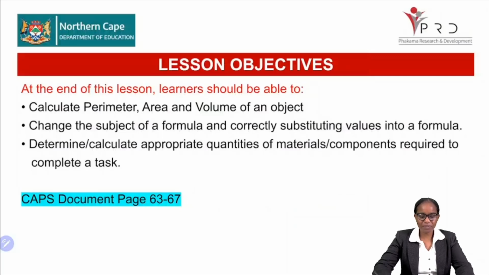You should also be able to determine or calculate appropriate quantities of materials or components required to complete a task. This information we obtain from our CAPS document, from page 63 to page 67.